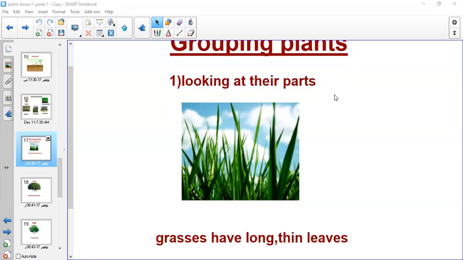If you have long, thin leaves, you should put them in the group of grasses. They also have very small flowers, but they have long, thin leaves in common.